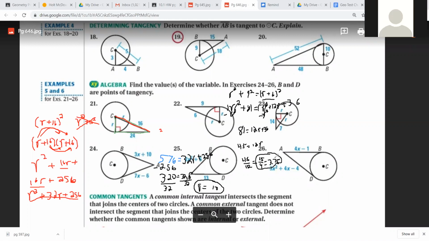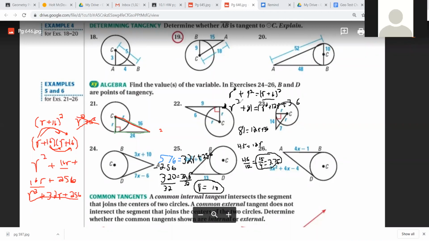What does it say under r squared plus 9 squared equals r plus 6 squared? That says r squared plus 12r plus 36. No, the whole line. This one? Yeah.